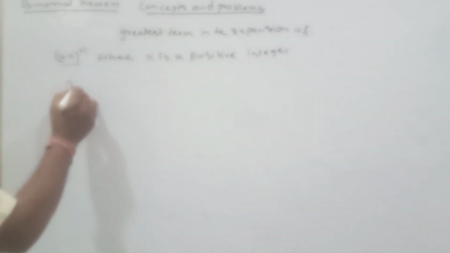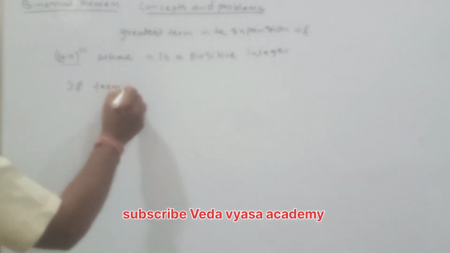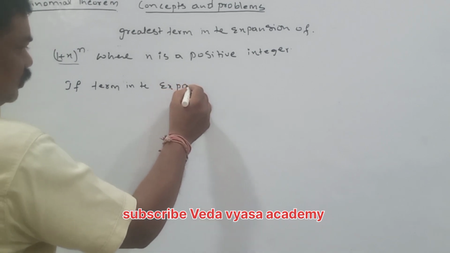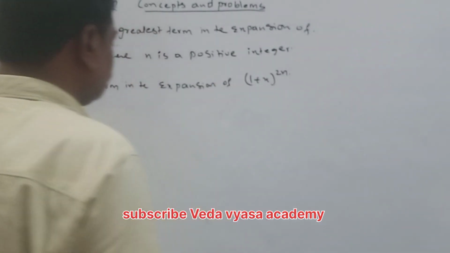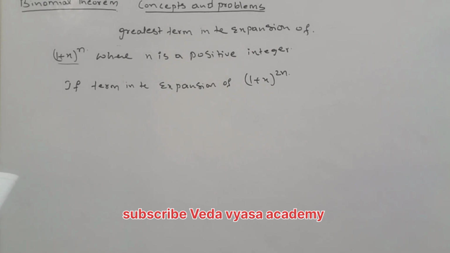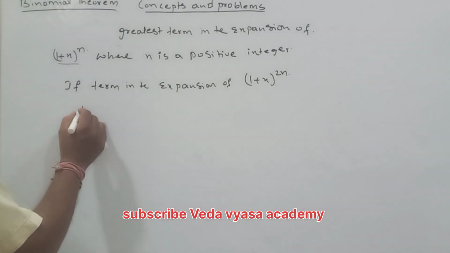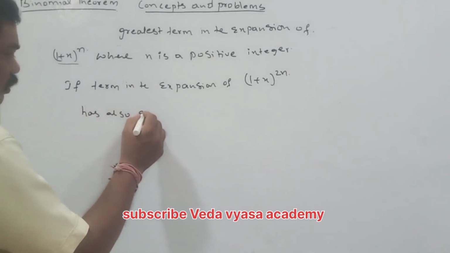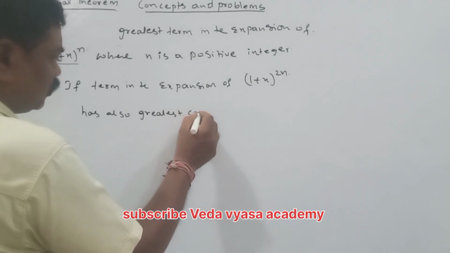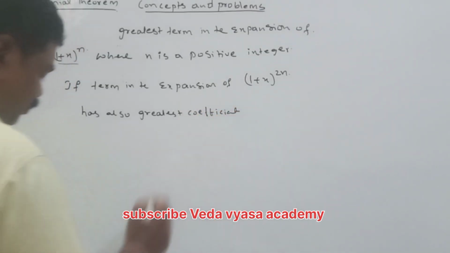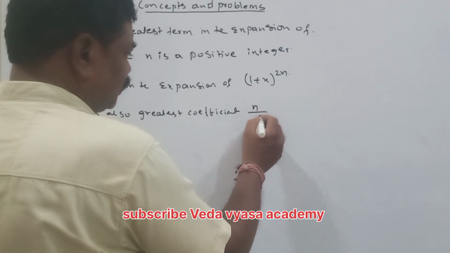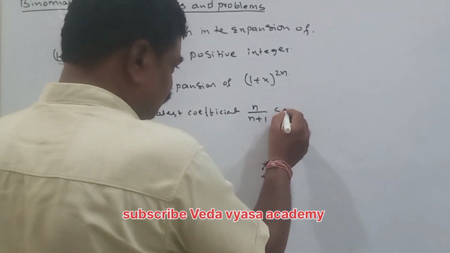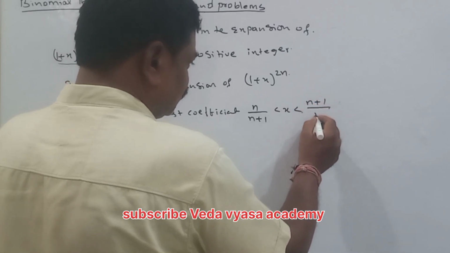If the term in the expansion of (1 plus x) whole power 2n has also greatest coefficient, then x lies in between n by (n plus 1) less than x less than (n plus 1) by n.